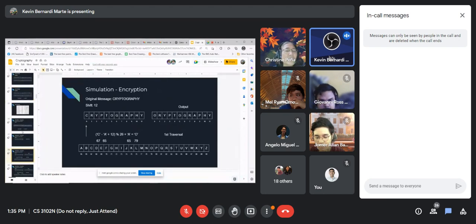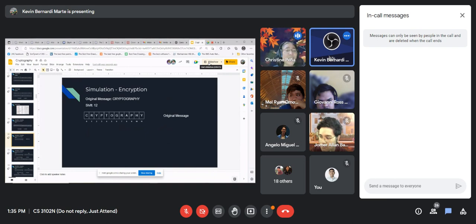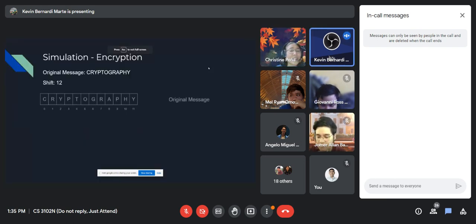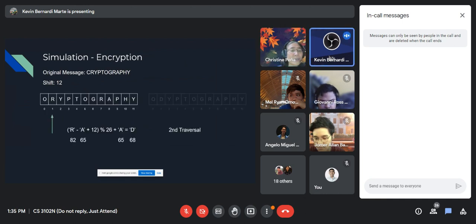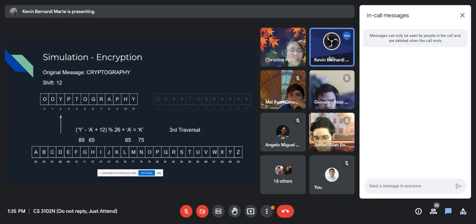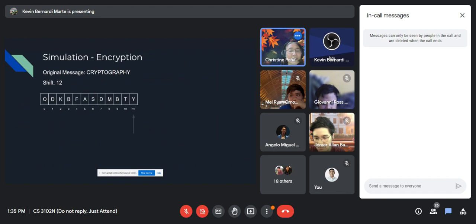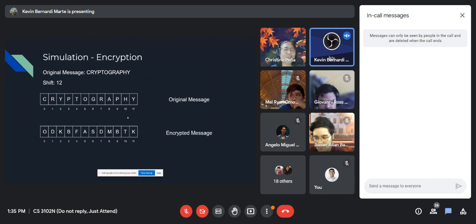The original message here is cryptography, ma'am, and this is shift 12. This is the encrypted version. So that's shift 12. Stop there. Everyone, heart, shift 10.